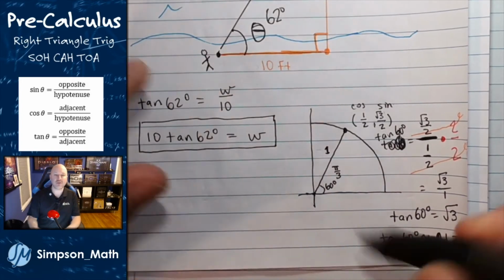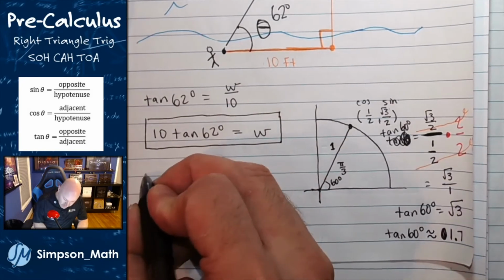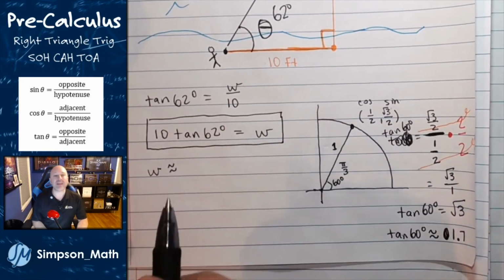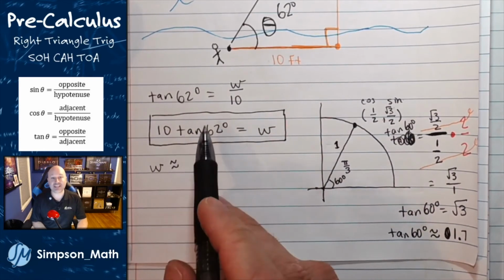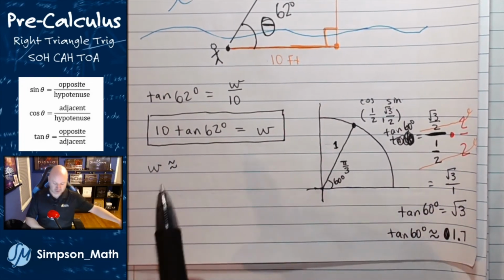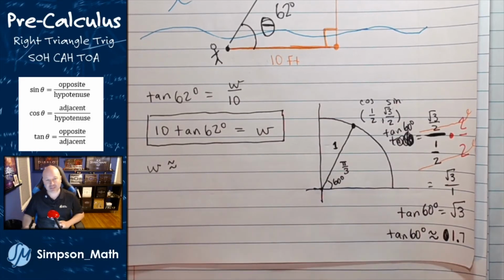But I'm with you. All of y'all are saying, oh my dear, please let's just use a calculator. So I'm going to shove this into a calculator. Now, as soon as I use technology to get a decimal approximation, we're no longer talking about exact values. This is an approximation. So I'm going to use these wavy symbols to say the width is approximately equal to.